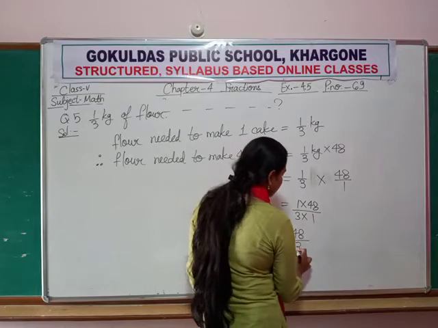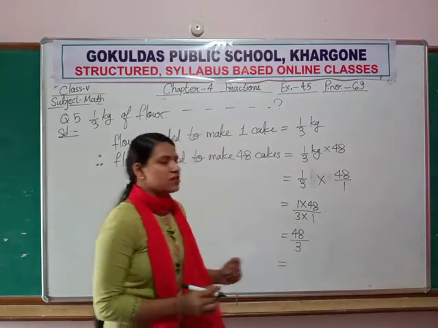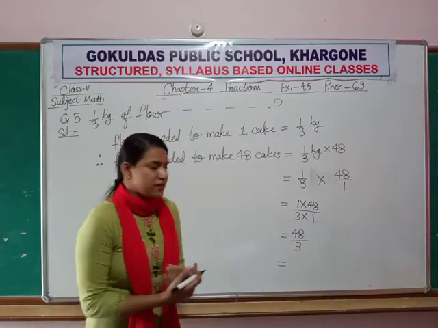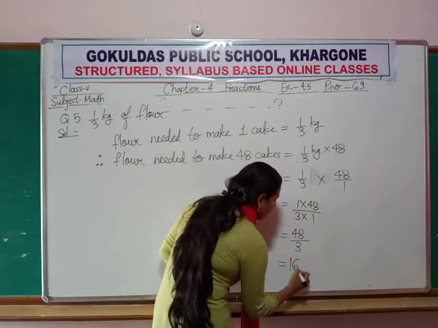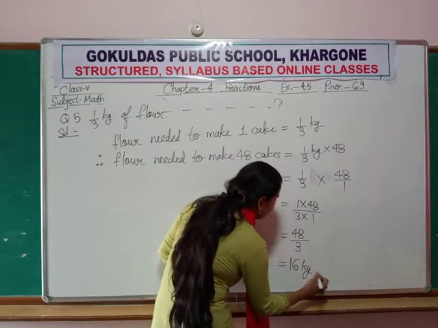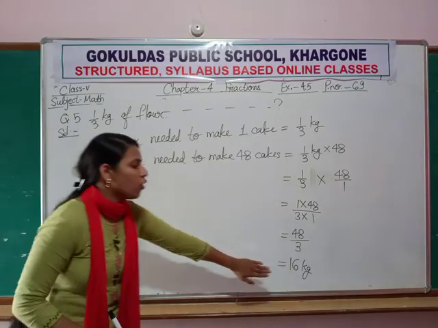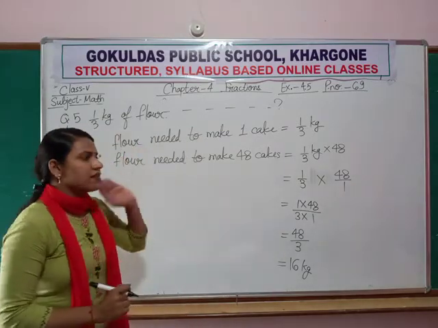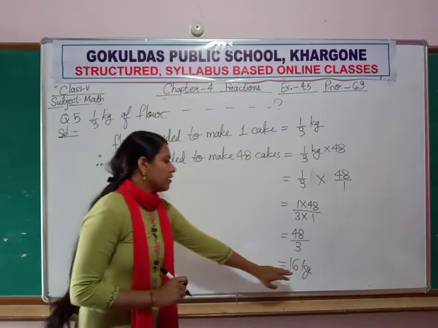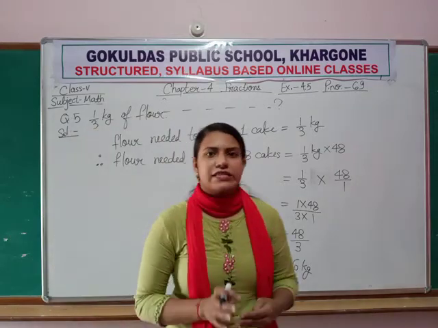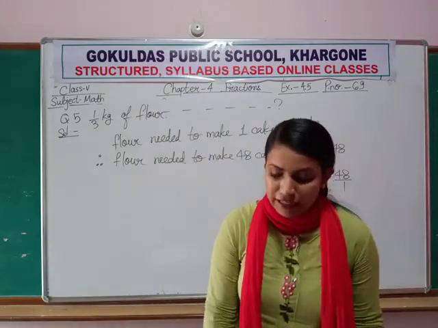When we reduce this to its lowest form, our result is 16 kg. So 16 kg of flour is needed to make 48 cakes.